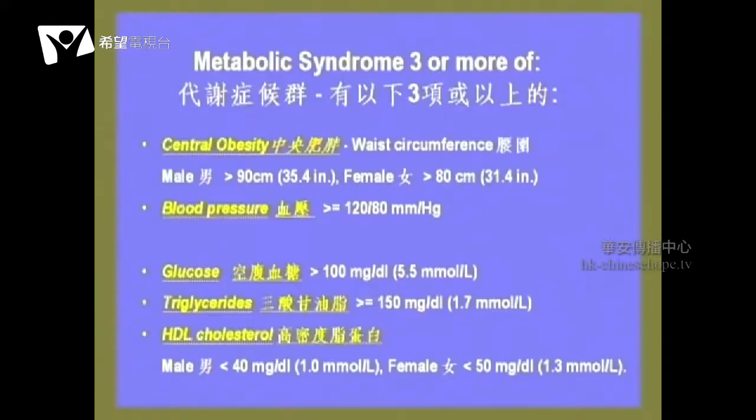The doctors, however, they have another more complicated definition. So clinically, metabolic syndrome is defined as a person who has 3 or more of these 5 factors. The first is related to obesity, the waist circumference.